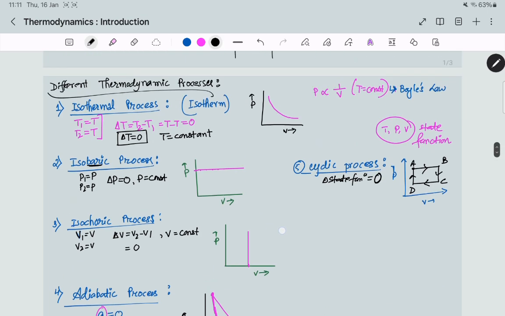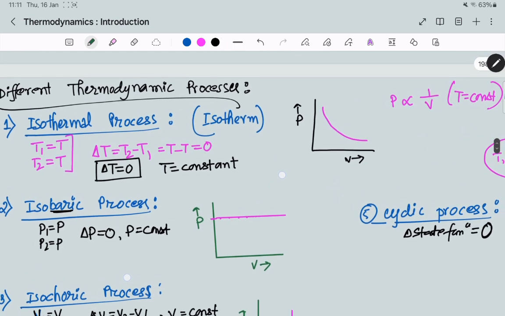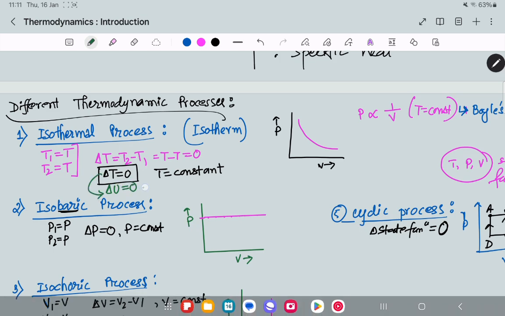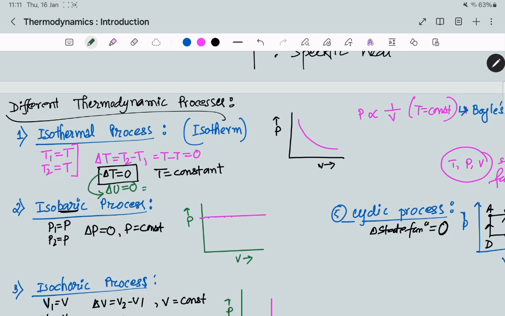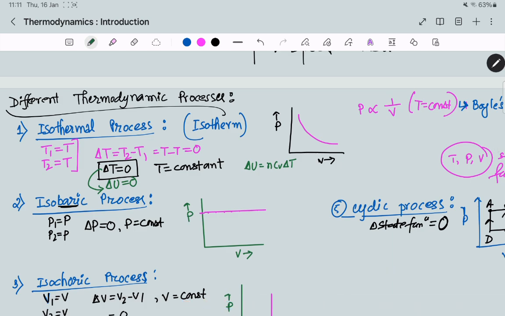And here is one extra piece of information for isothermal process. Remember that if delta T equals 0, then the change in internal energy will also be 0. Just for now, remember the equation, delta U equals n Cv delta T. n is the number of moles, Cv means specific heat capacity, and delta T. So clearly if delta T is 0, that means delta U is 0.